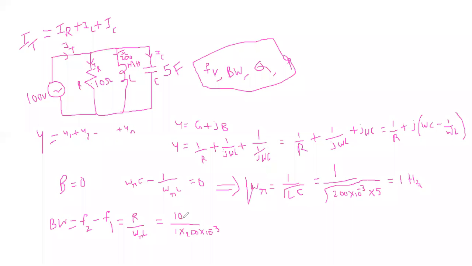So the 0 cancels out. 1 by 20, 1000 by 20, which is 50. 50 Hertz is the bandwidth.